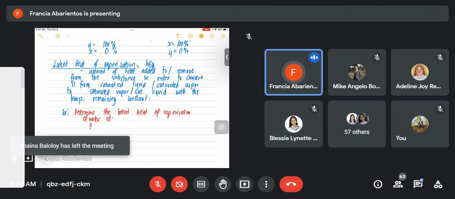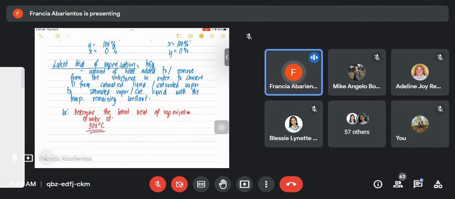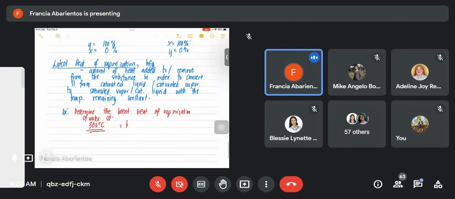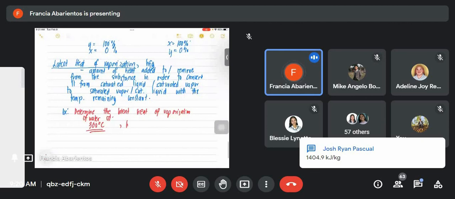Go to table 1, page 7. What is the latent heat of vaporization?